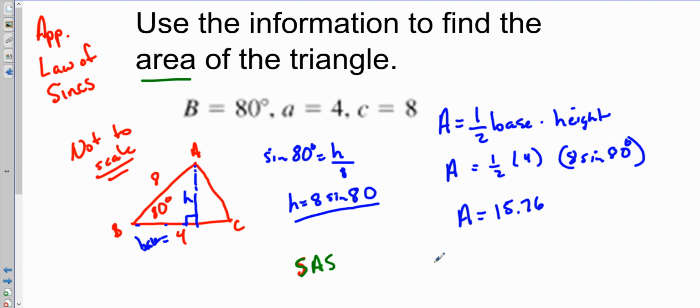Let's say we're given angle B, and then the other two sides are A and C. The area is always going to equal 1/2 A times C times the sine of B.